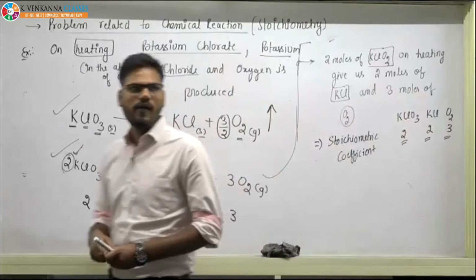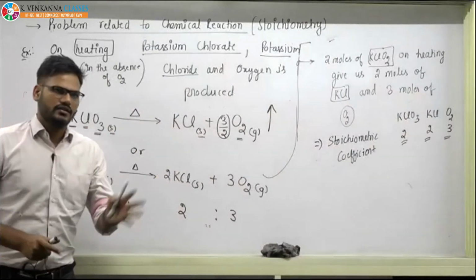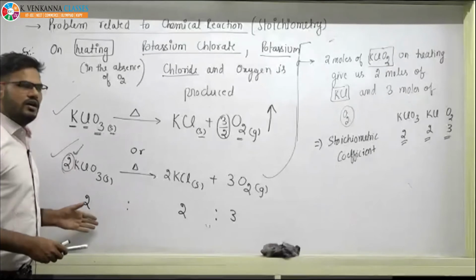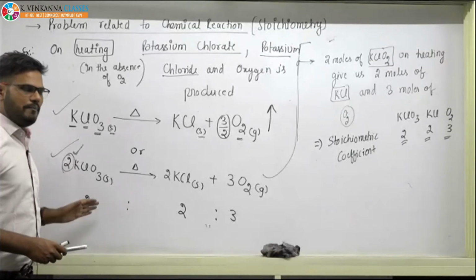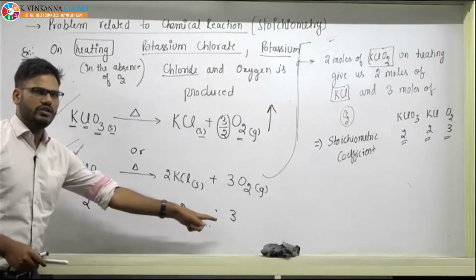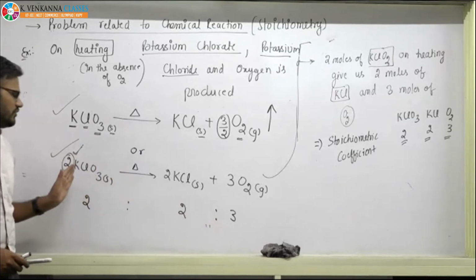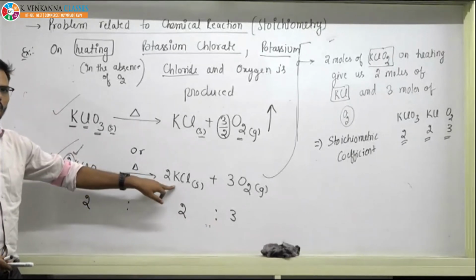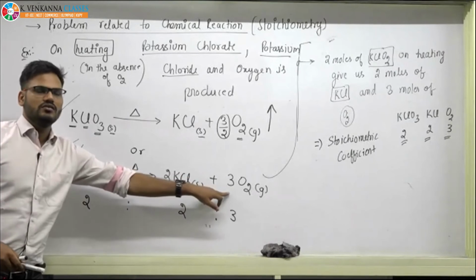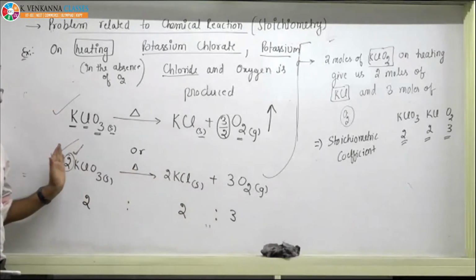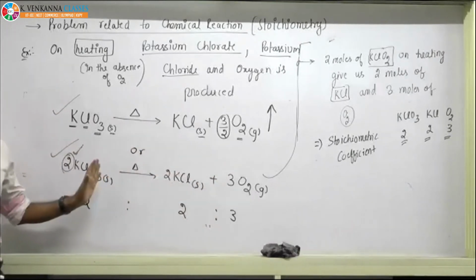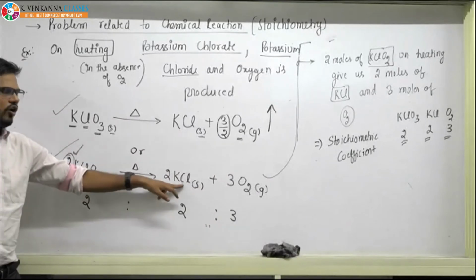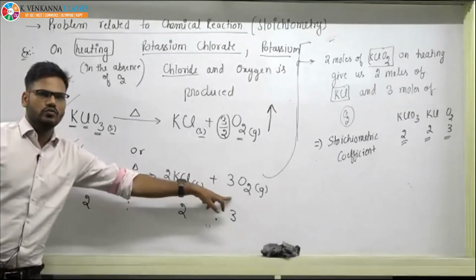Whenever this process is going to happen, it will always happen with the ratio of 2:2:3. That is, if 4 moles of KClO3 are broken, then there will also be 4 moles of KCl, and this will be 6 moles. If you double this, then everything will double. If you halve this, then everything will be half. If you take 1 mole, then this will also be 1 mole, and this will be 3/2.